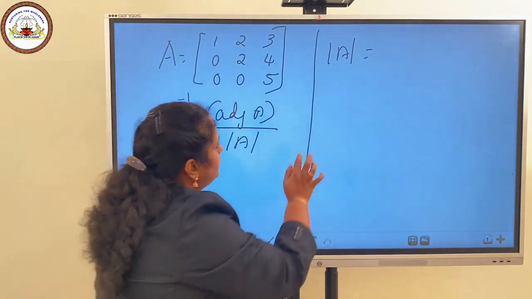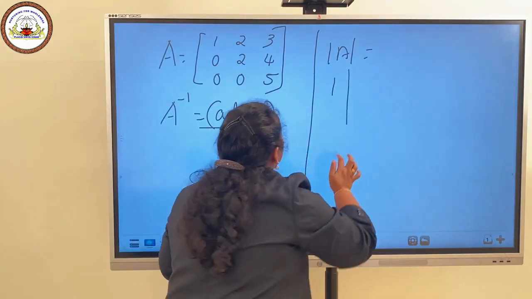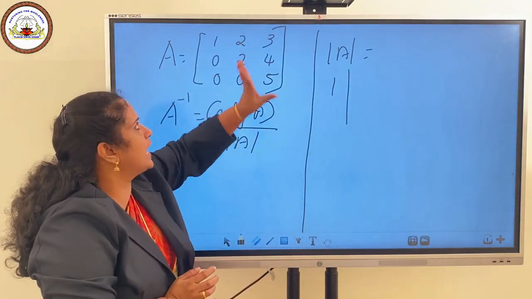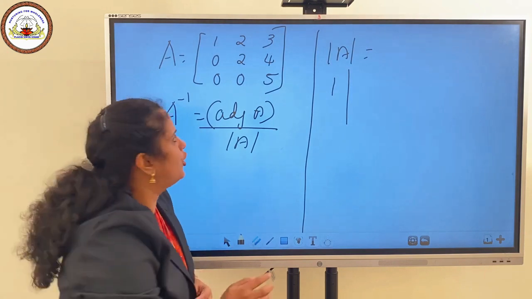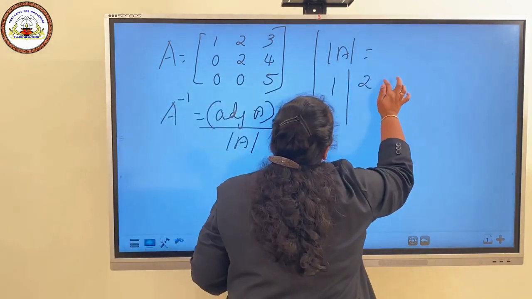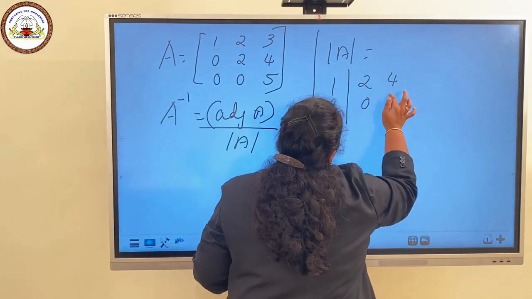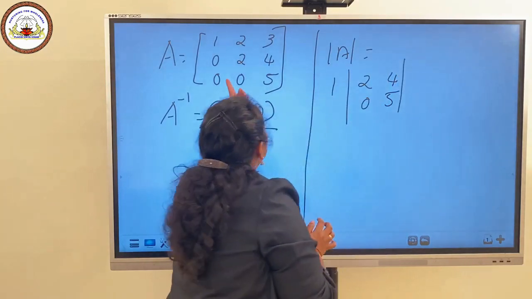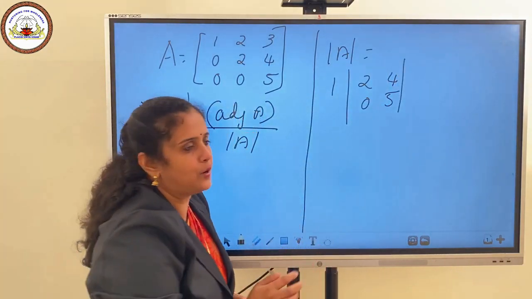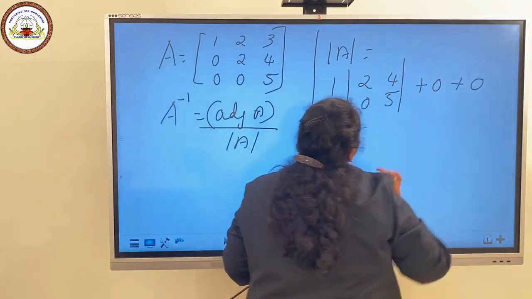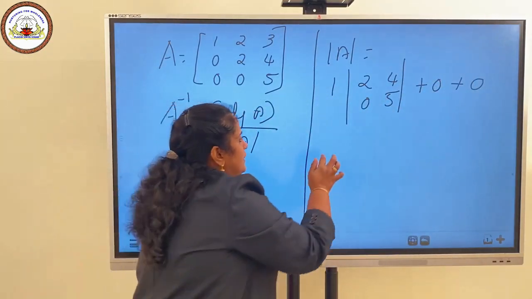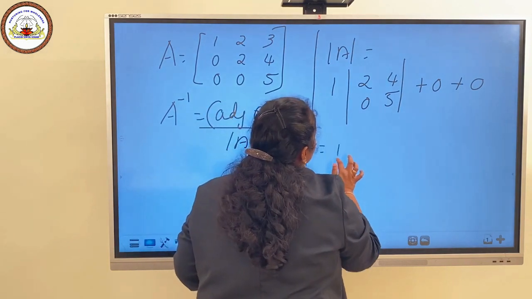That is 1 into, the corresponding row and column you should eliminate. The remaining elements you should write in determinant form. That is 2, 4, 0, 5. The other 2 elements are 0, no need to do the calculation. Plus 0, plus 0.